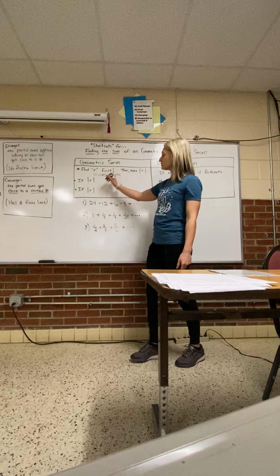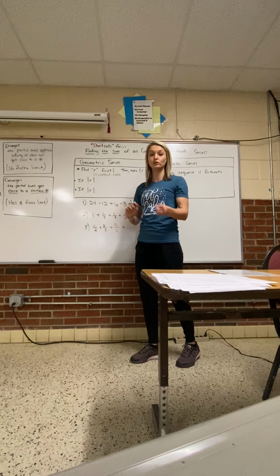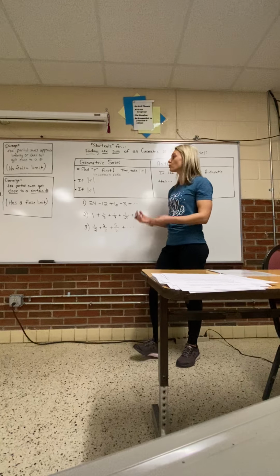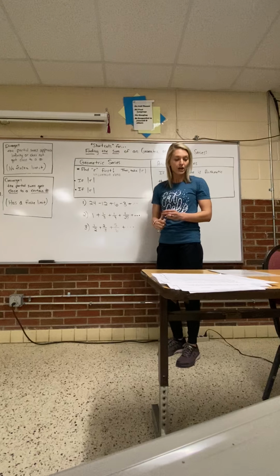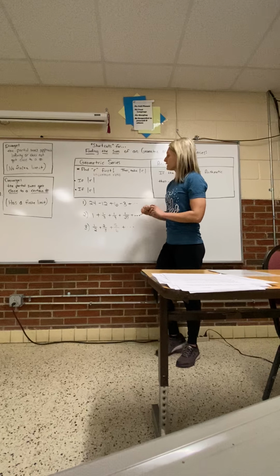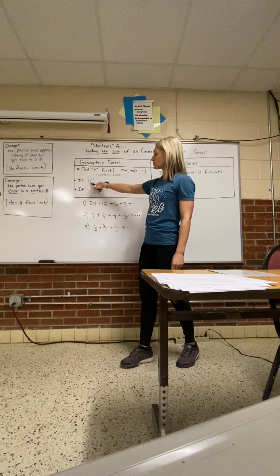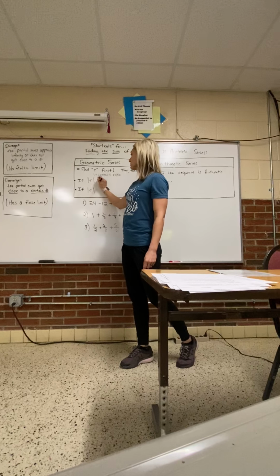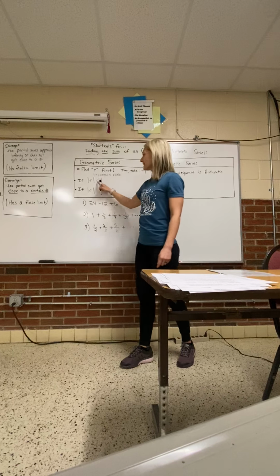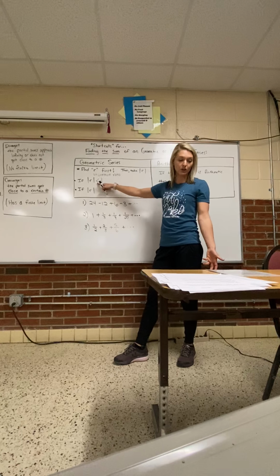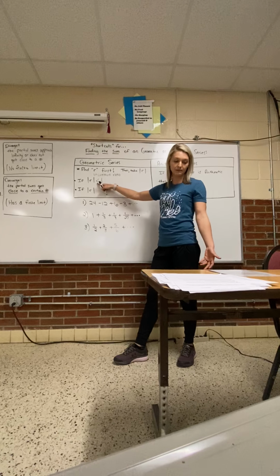So after you find the absolute value, there's one of two things that could happen depending on what that number is, okay? The first thing would be if after you take the absolute value of R, it ends up being less than 1, in other words, a number that is smaller than 1.